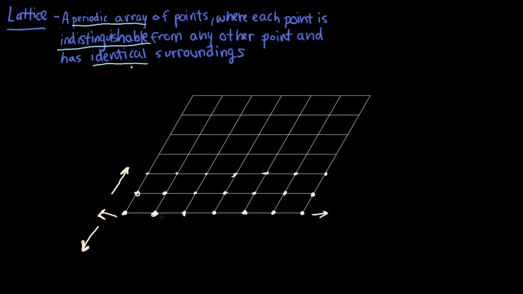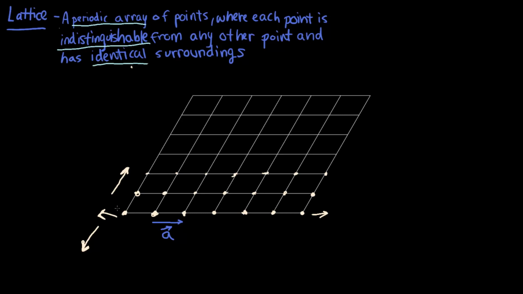We can define the same lattice translation vector that we had before. We can define the lattice translation vector A. But what you notice is the vector A does not tell us anything about the next row.